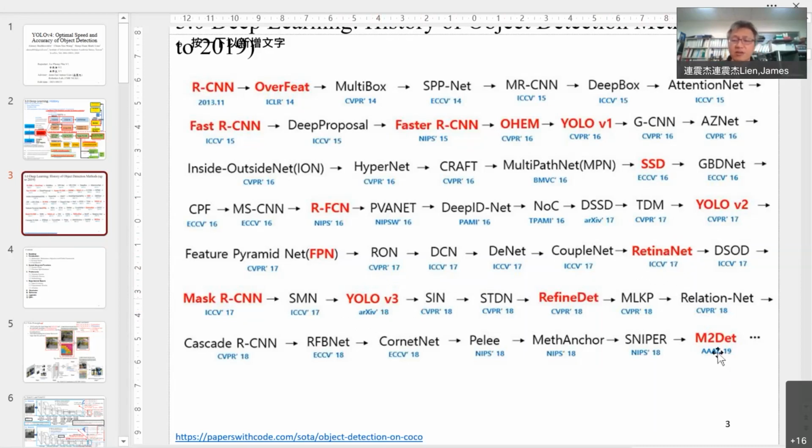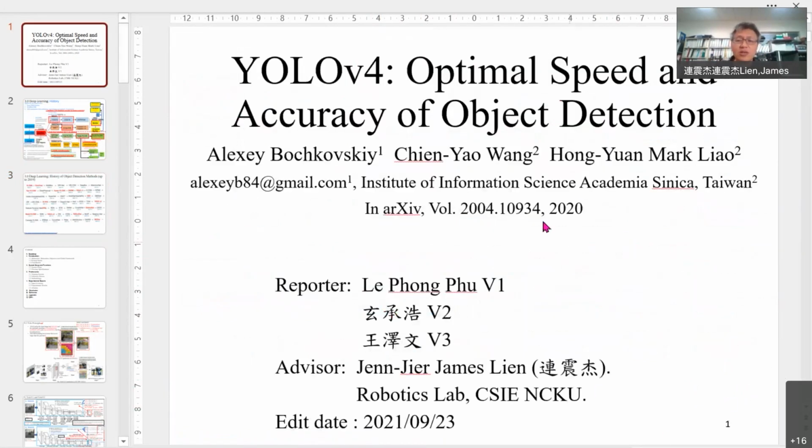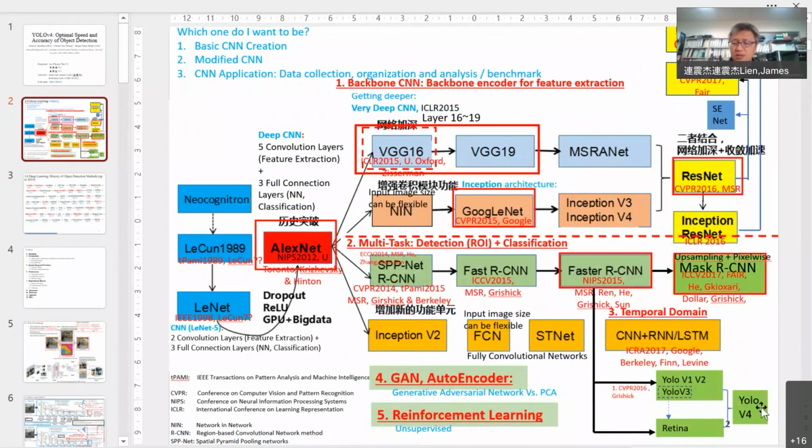And finally, we have YOLO V4, in year 2020. YOLO V4 got its idea from YOLO V3, and YOLO V3 got the idea from RetinaNet.